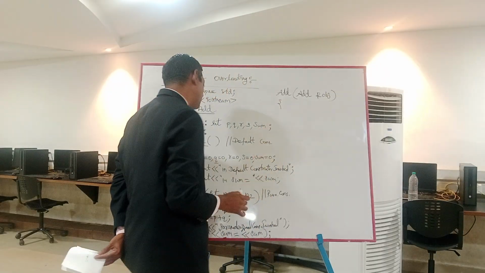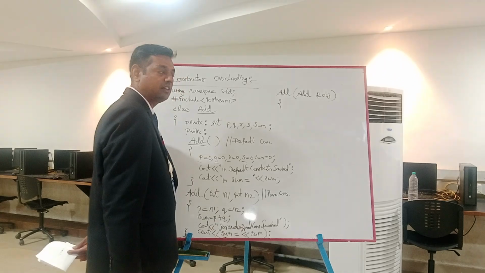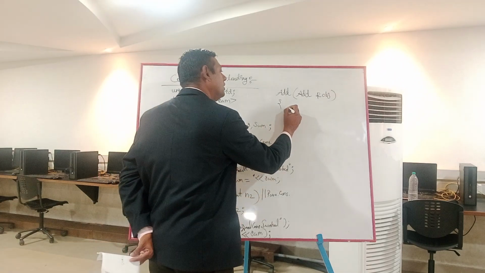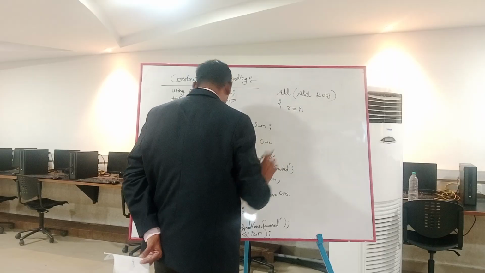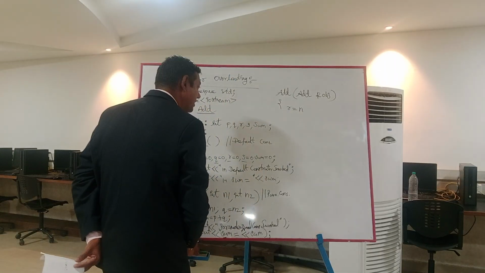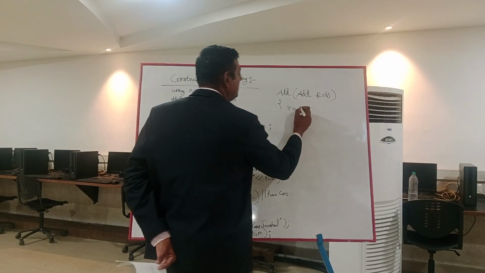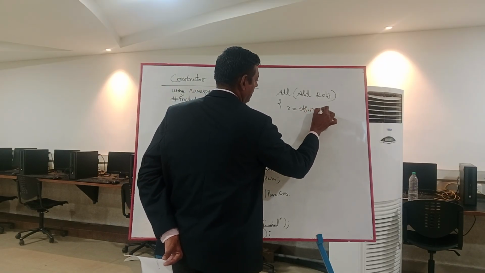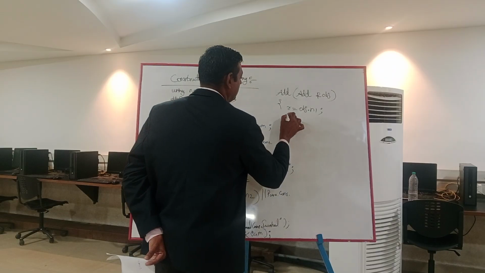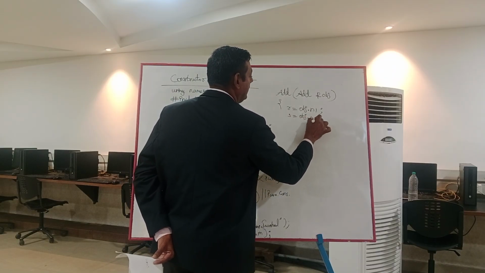Now I am going to assign the values for the variables r and s. So r is equal to, I have to use the name of the reference object, obj dot n1. Next s is equal to obj dot n2.